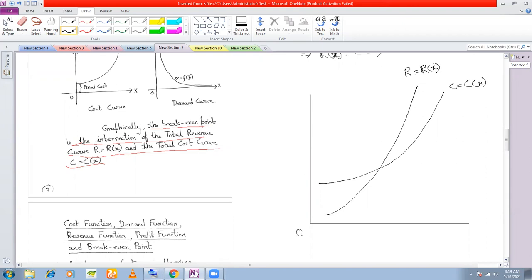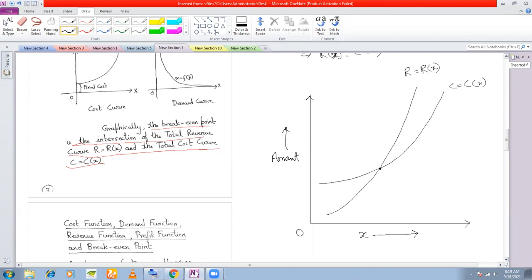The origin. This is X, and this is obviously cost or amount, money or amount, right?